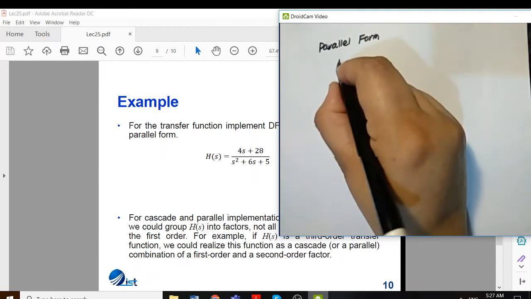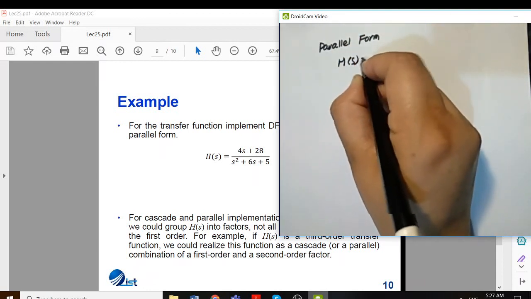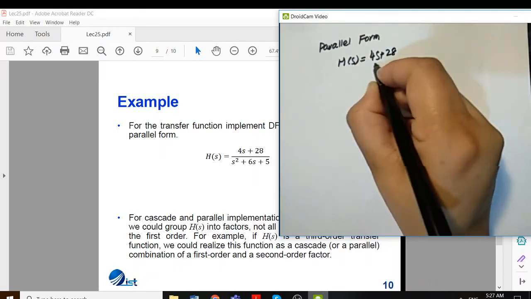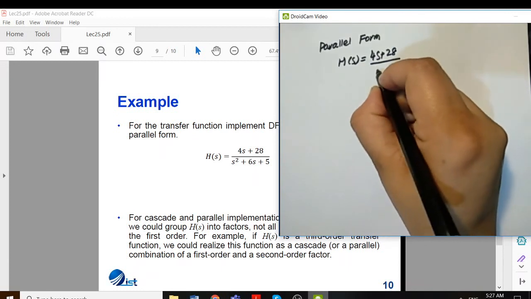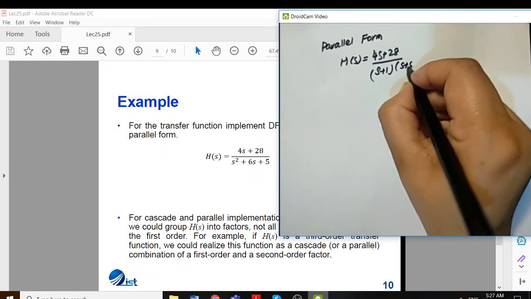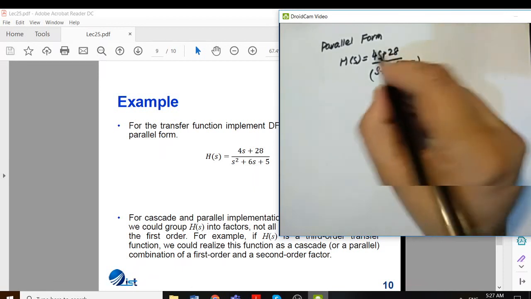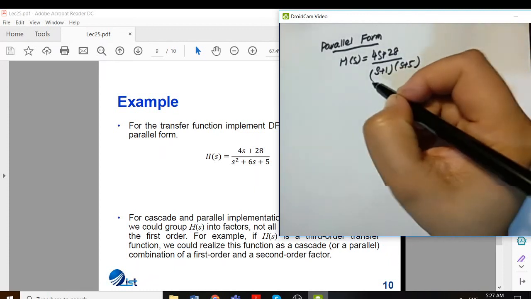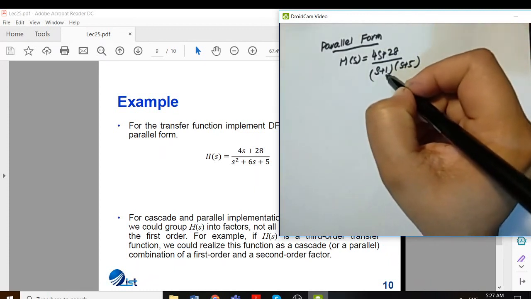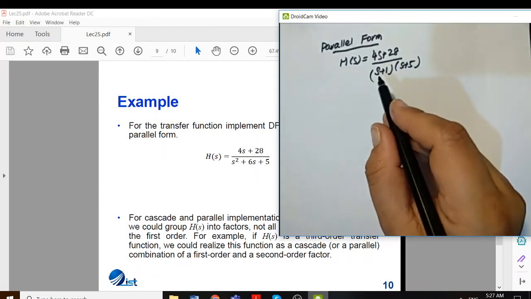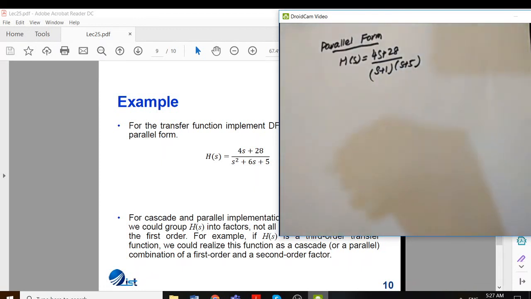The transfer function H of s is 4s plus 28 by s plus 1 and s plus 5. Now for the parallel form, we divide this transfer function into a sum of several transfer functions, and we use our favorite formula, which is the partial fraction expansion.